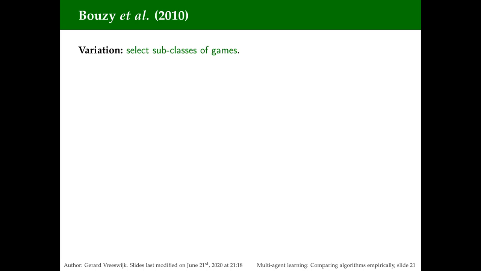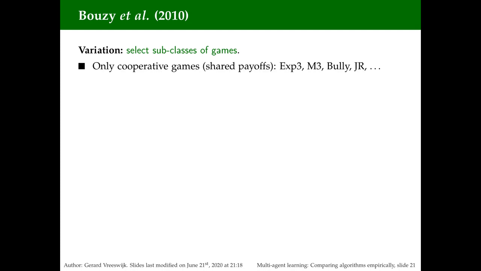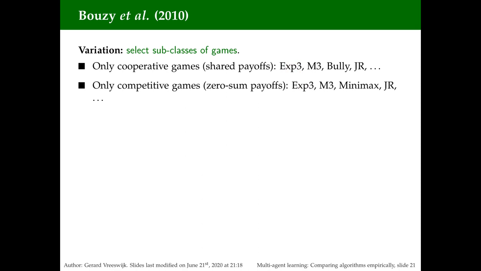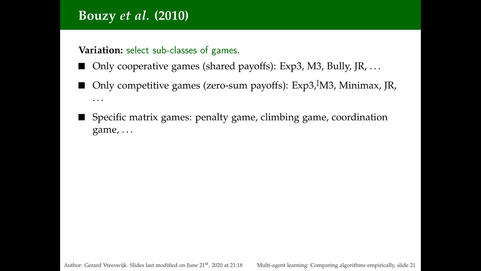Variations in this refers to selecting subclasses of games, for example, only measuring performance on cooperative games, and then X3 was the winner. Comparing only on competitive games, X3 was again the winner. Comparing only on specific matrix games, like the penalty game or the climbing game, which are specific types of coordination games that you can Google.